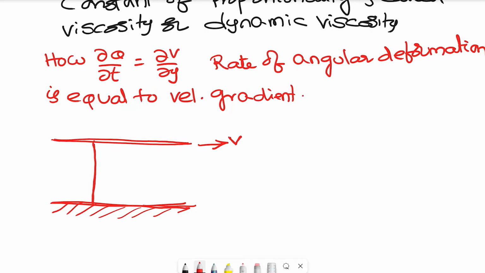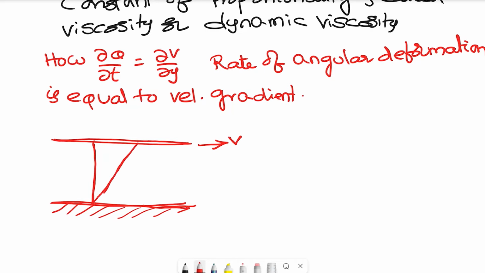Now what we have done is this upper plate is dragged with a force F. So because of that force F, naturally we notice a velocity V. Once we have noticed the velocity V, how does it change? This is how the velocity diagram changes.